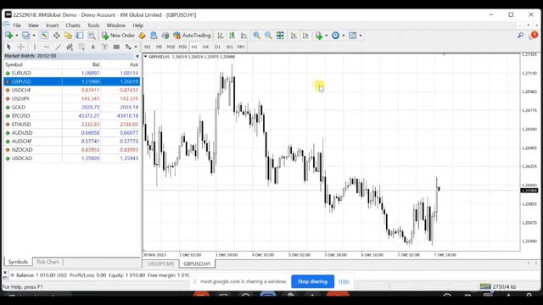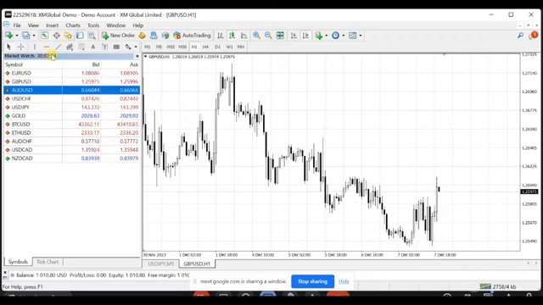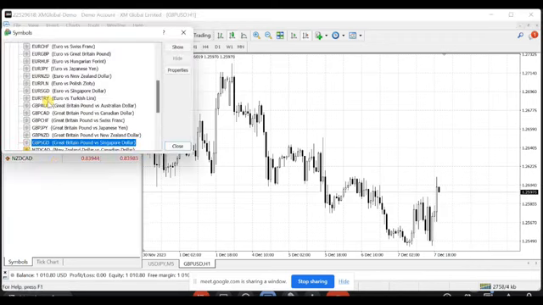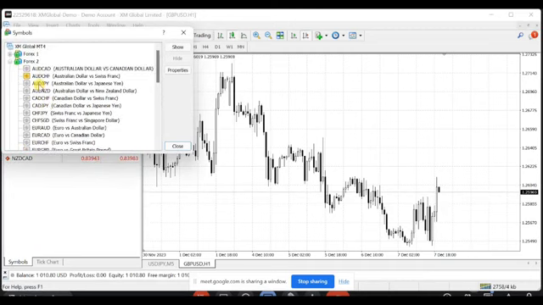Like all of them are ranging. Okay, we have a downtrend here. So on this downtrend, let me see BTC, GBP USD. I want to enable some pairs.